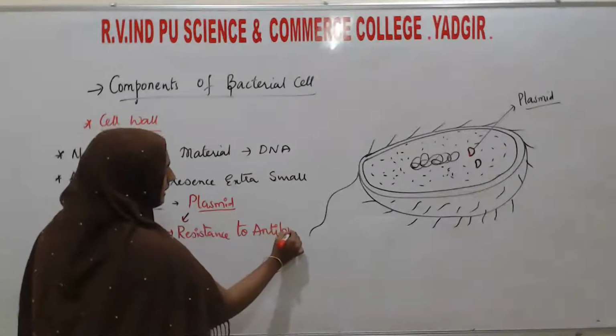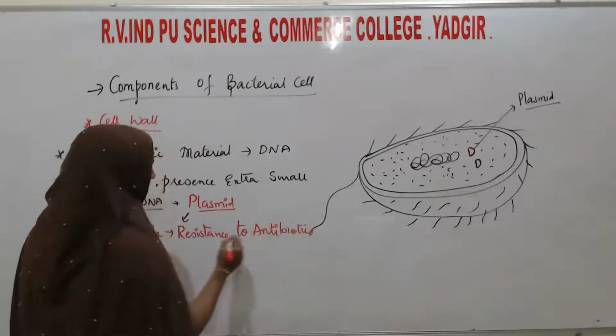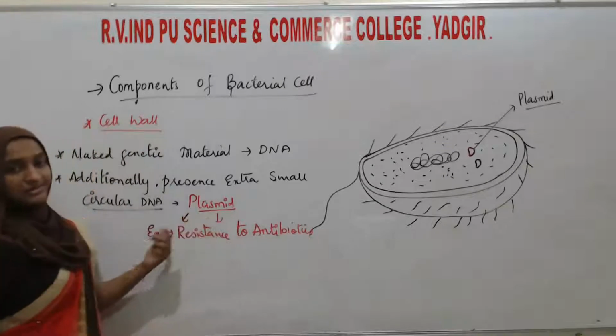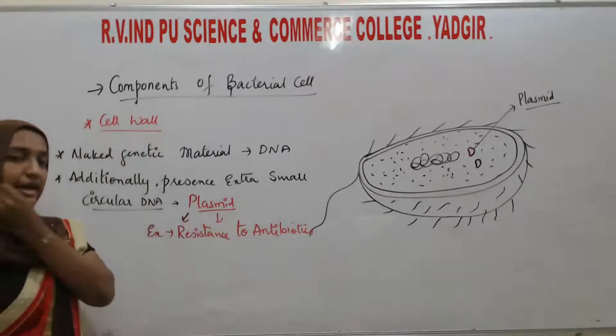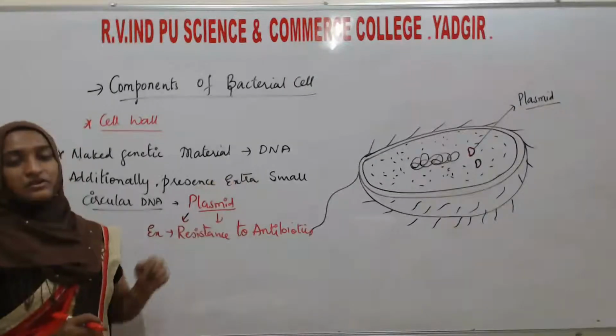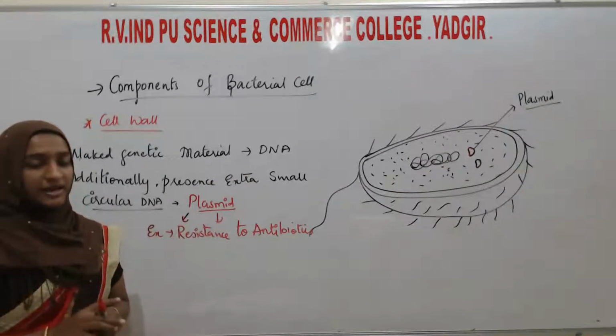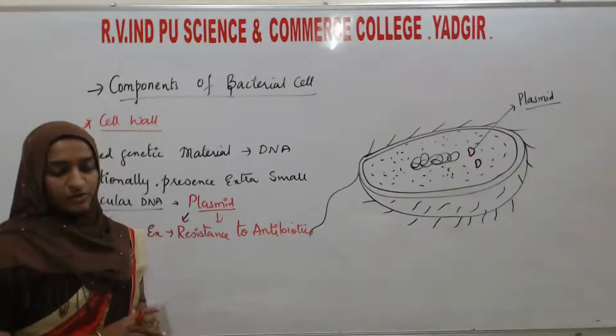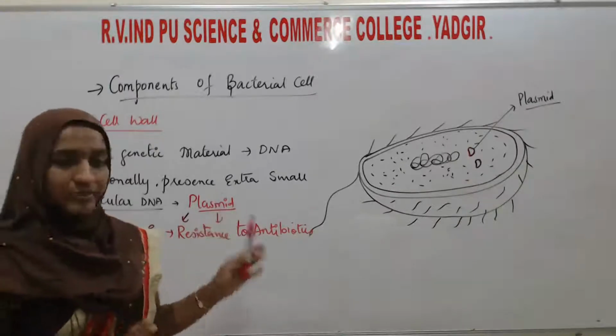So this is the character which is conferred by this extra DNA. Except for the main genetic material, the DNA, there will be some extra DNA that is known as the plasmid.